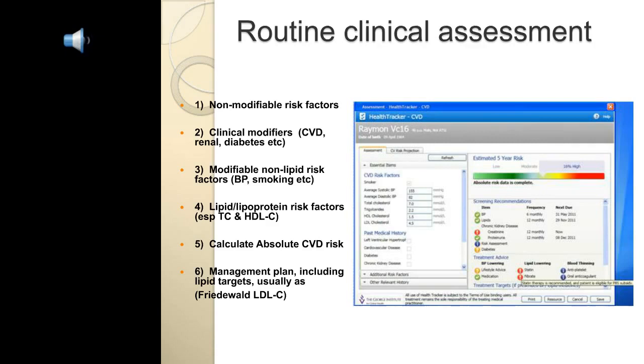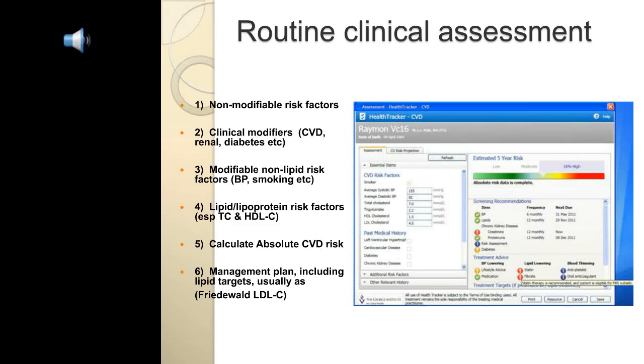And then the lipid component is also incorporated, particularly in terms of their total and HDL cholesterol. With these aspects, it's possible to calculate the absolute risk of an event in the next 5 years. And this, of course, can then generate appropriate management plans. Those management plans might start with additional measurements that need to be made.